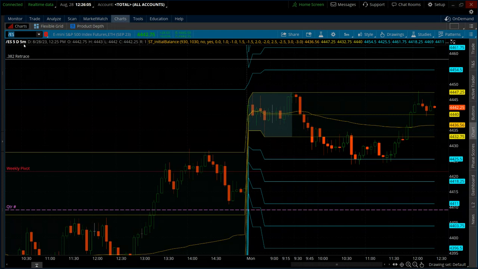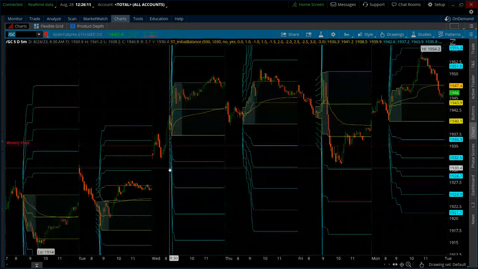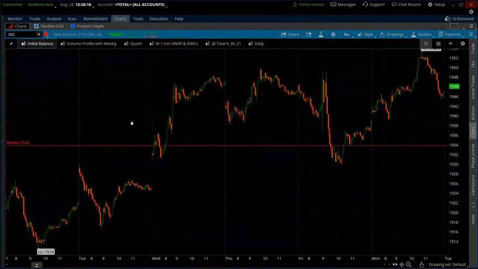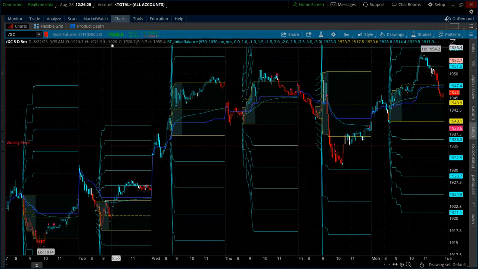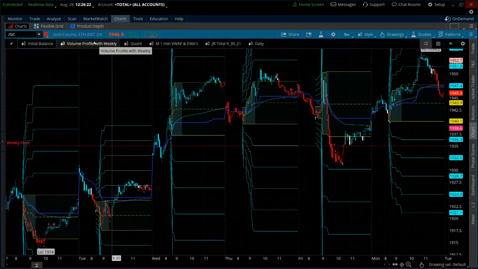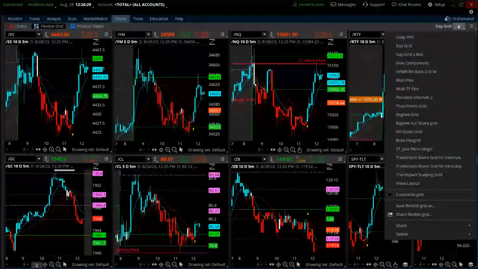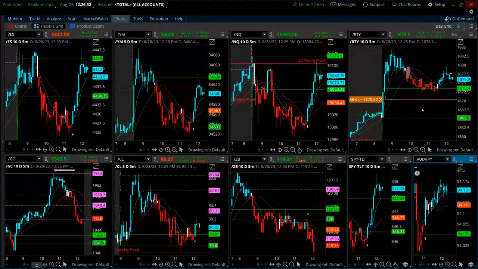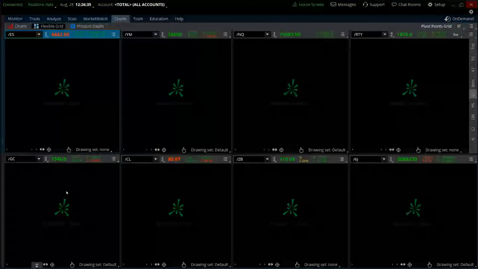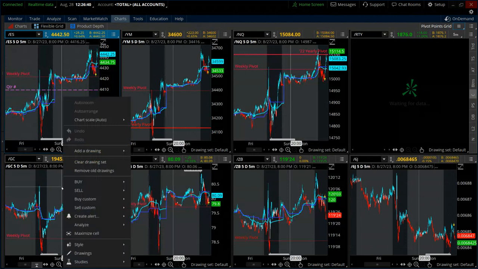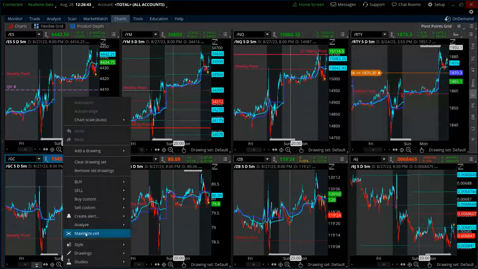So that said, let's switch tickers and go to a gold chart, because gold is one of those tickers that I told you is real prone to pivot in the overnight session.